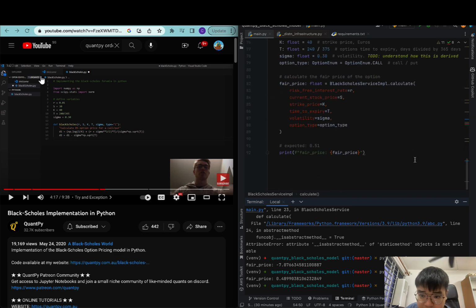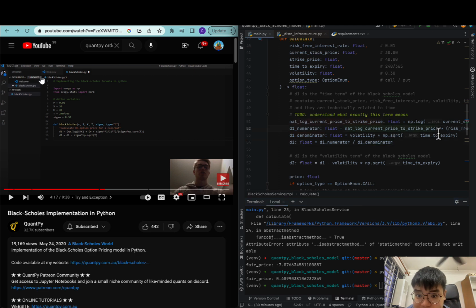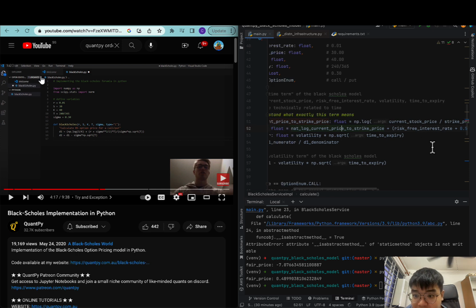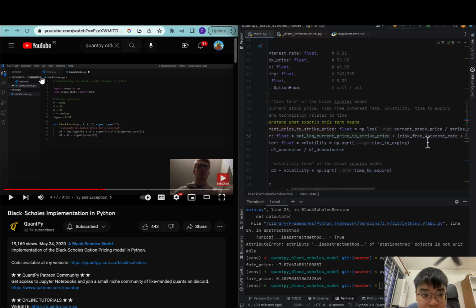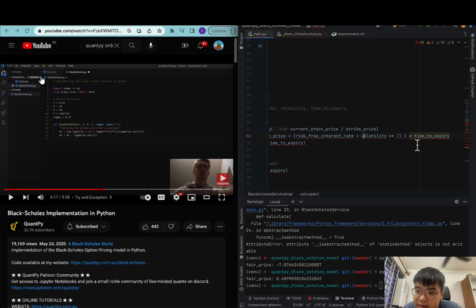But that's not exactly what Jonathan got either. So let's take a look closer. We add it with the risk-free interest rate plus sigma squared. I don't think this is the reason why it's different, but I will be more particular with the brackets here.